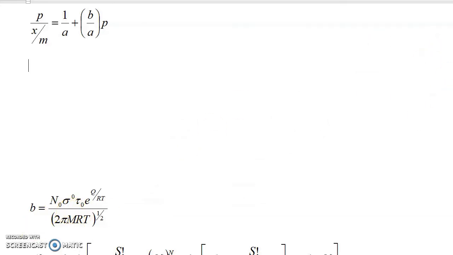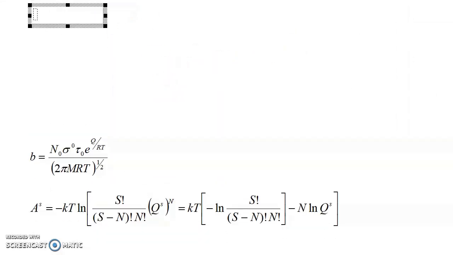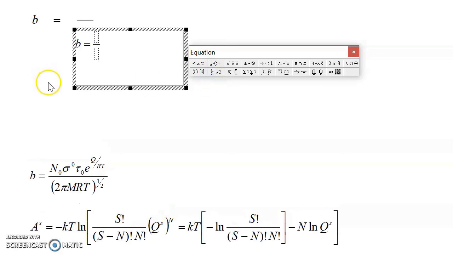This particular one. So type B equal to, here you have a fraction. So go to the fraction template. Choose the first option.